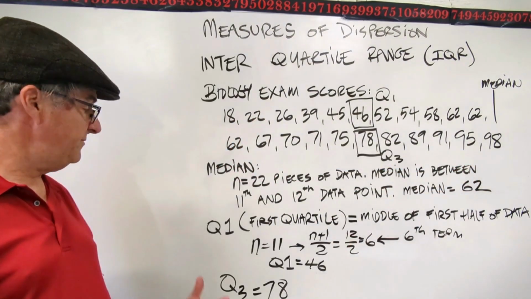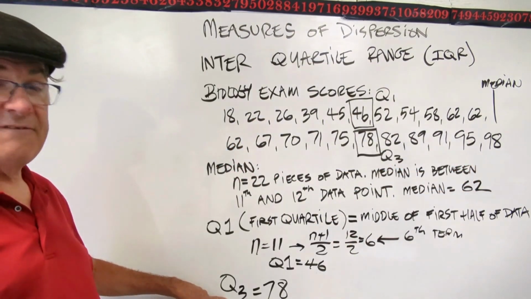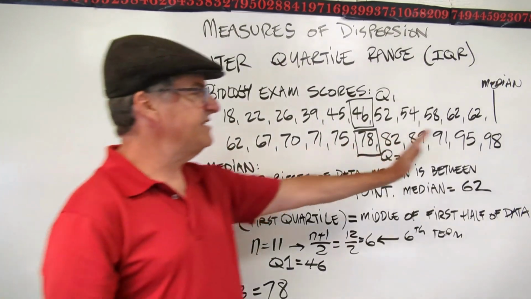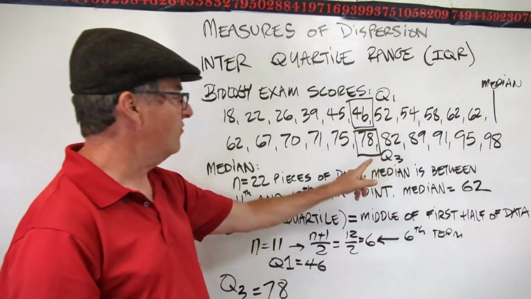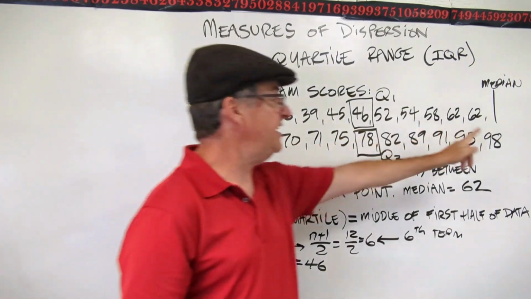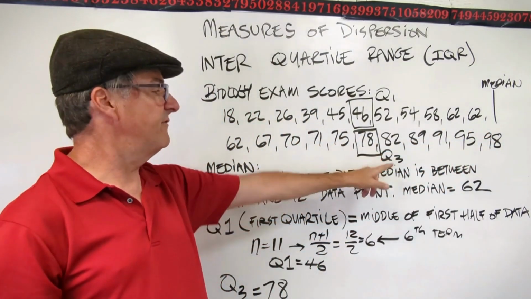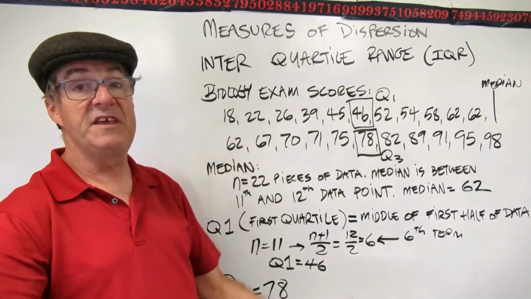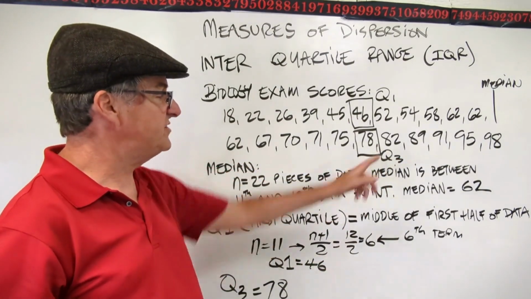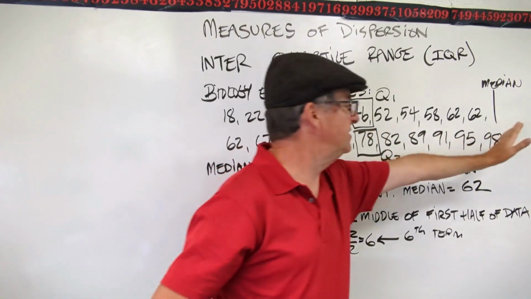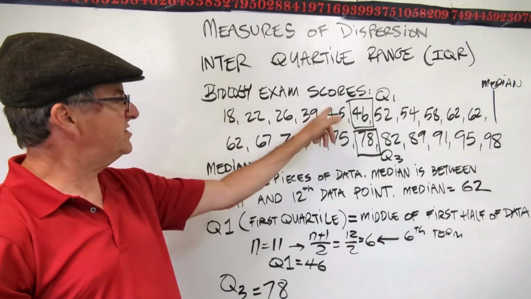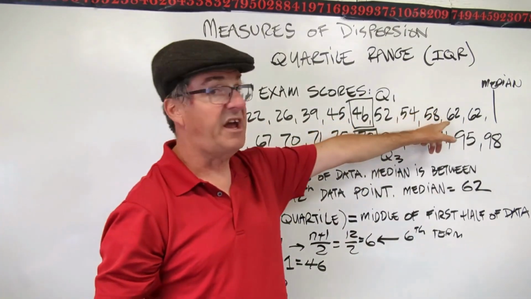Okay, I did the same thing for the second half of the data to find my Q3, and this data is all lined up nice on the page, so I can just go right to the 6th term in the second half and get 78 for my Q3 value. So 78 is the middle value in the upper half, which gives us the third quartile. So this is the third quartile, that's the fourth quartile, and of course this string of data is the first and that's the second.